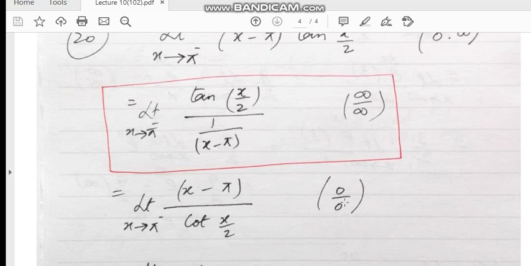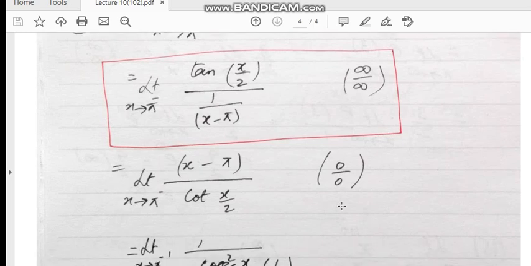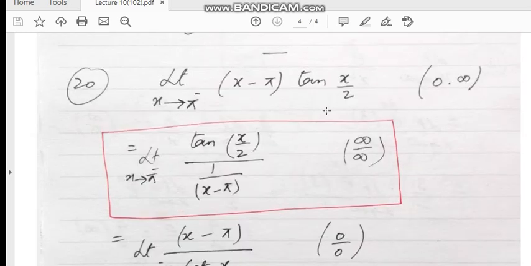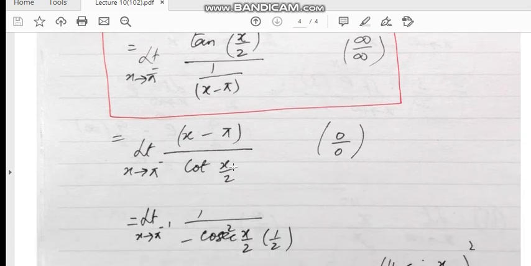I have now tried it into 0 over 0 form, that is x minus pi, and 1 over tan theta becomes cot theta, and it's written cot x by 2. Now this is 0 over 0 form, because it is cos pi by 2 over sine pi by 2, and cos pi by 2 will be equal to 0, sine pi by 2 is 1, and this is equal to 0.